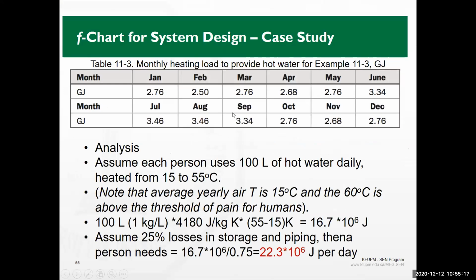But anyway, what he's doing here is fixing this value as 15 for all months. Assuming that there is some sort of 25% losses, this is a little bit on the high side, but this is the assumption given here anyway, as if 25% losses in the storage and piping, then a person is going to need this quantity, 22.3 times 10 to the power of 6 joules per day.